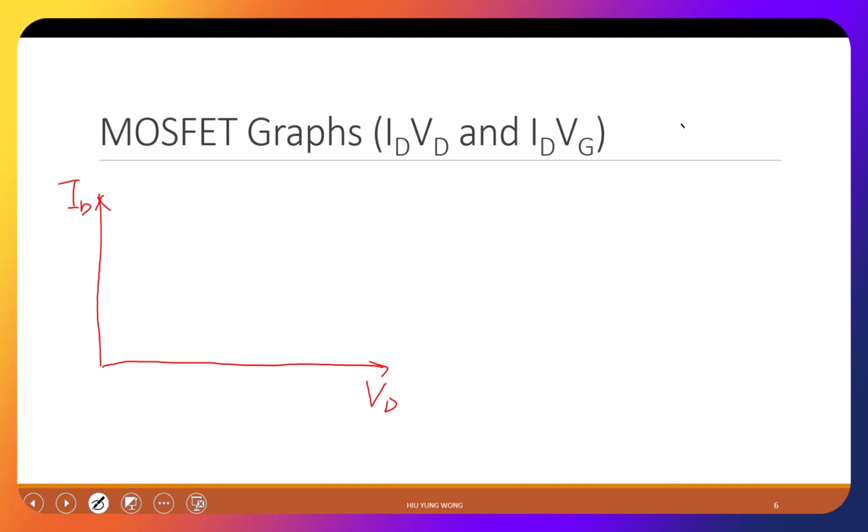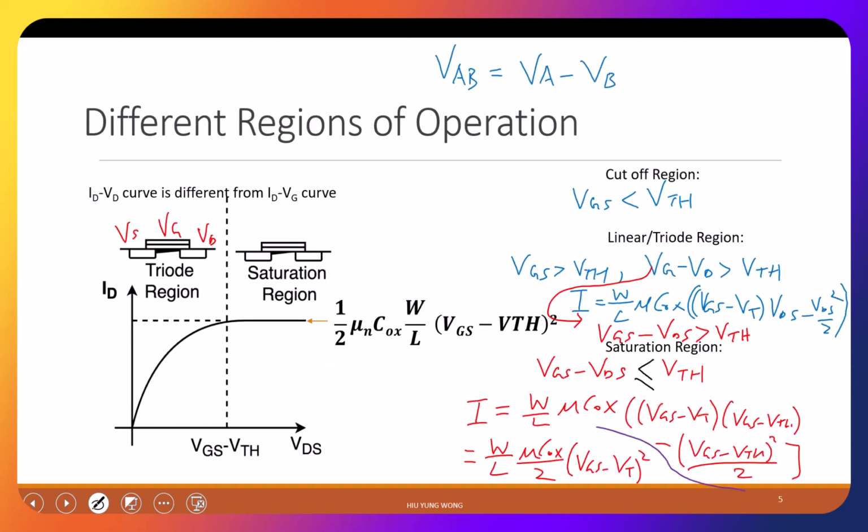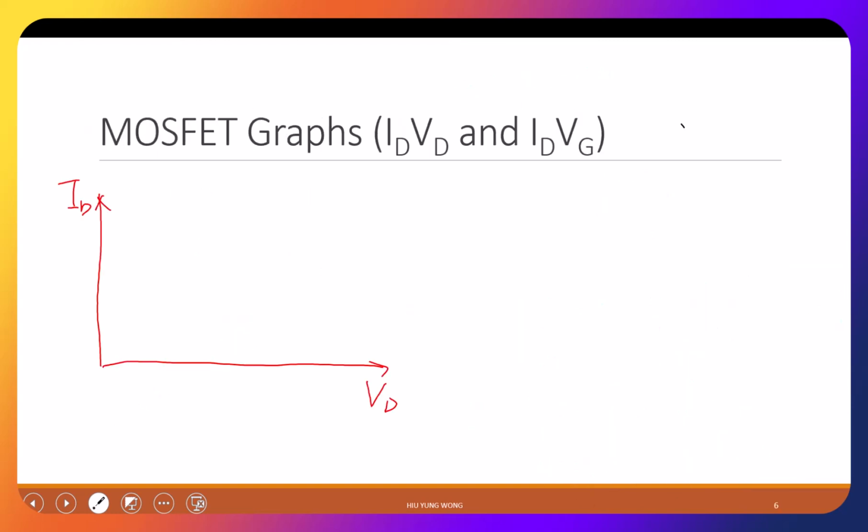Now, however, if you look at this equation, the current also depends on VG. Make sense? So how do I plot this curve? For example, here, the ID-VD will be something like this.